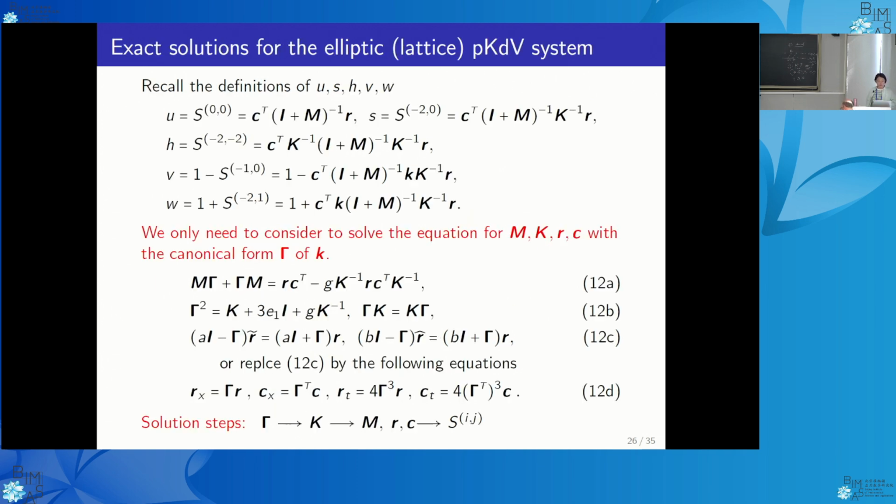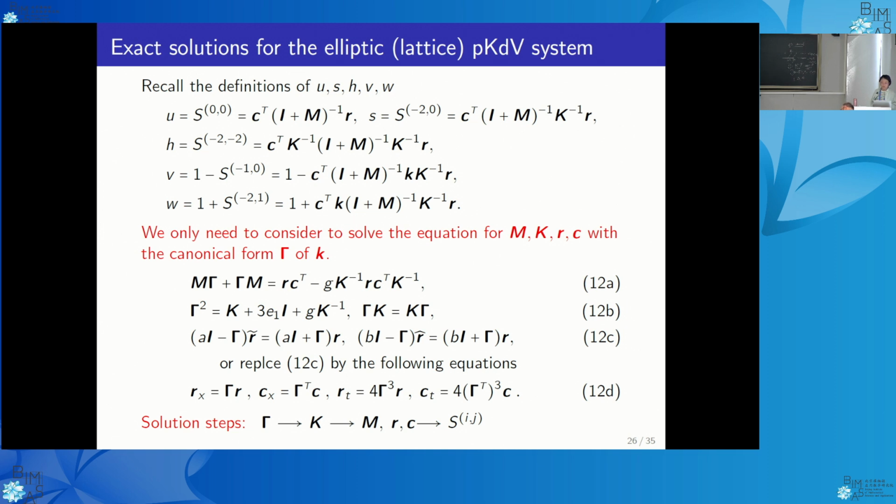And for the exact solutions, as we mentioned before, for the particular Sij, we only need to solve the equation for M, K, R, C with the canonical form of gamma of small k, which means we only need to consider the equations 12.